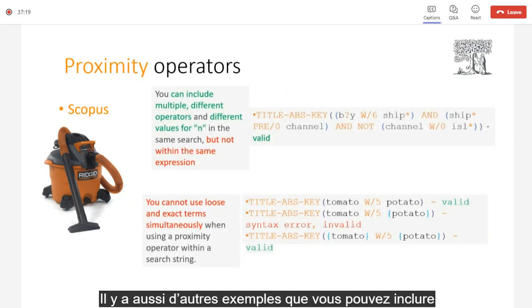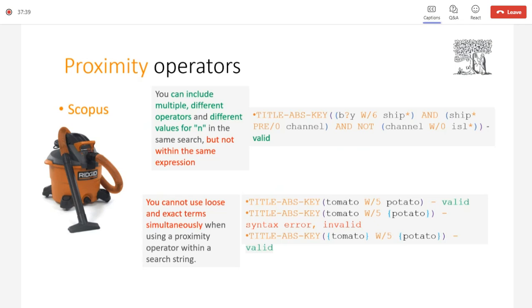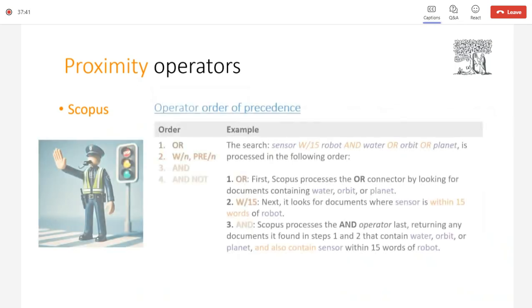There are also other examples. You can include multiple different operators and different values of n in the same search, but not within the same expression. For example, you use the question mark here with chip and chip P0 channel, for example.